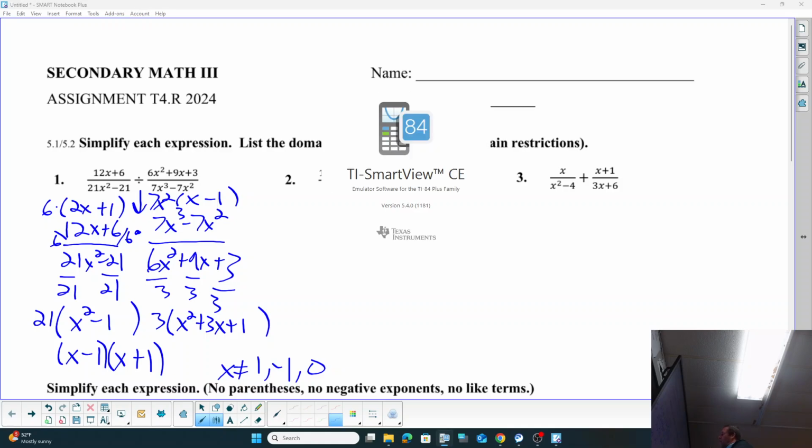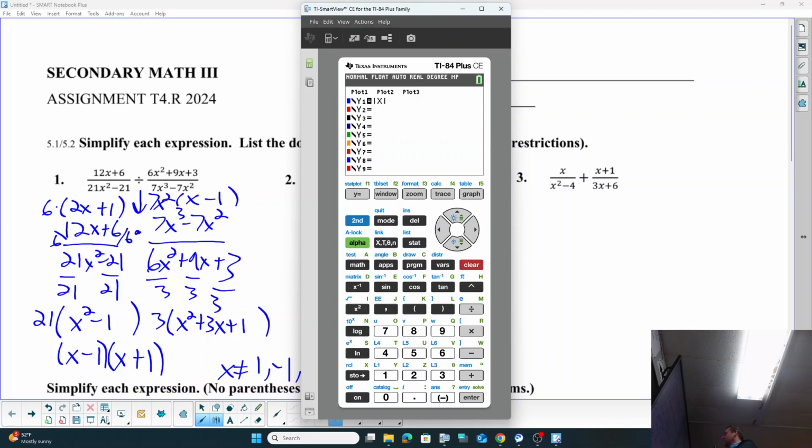I guess we could graph it and see. 6x squared plus 9x plus 3, where does that cross? I don't even think it has any intercepts there. Oh, I guess it does. Look at that. So just some decimals, I guess. So it looks like it does factor in a very weird place.